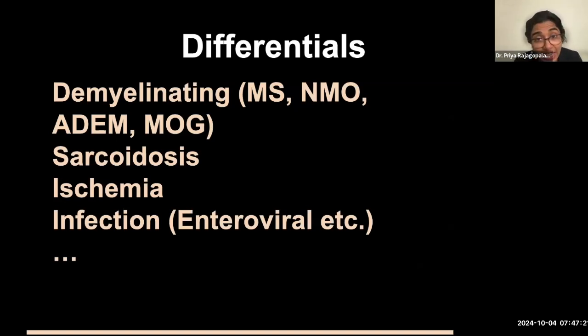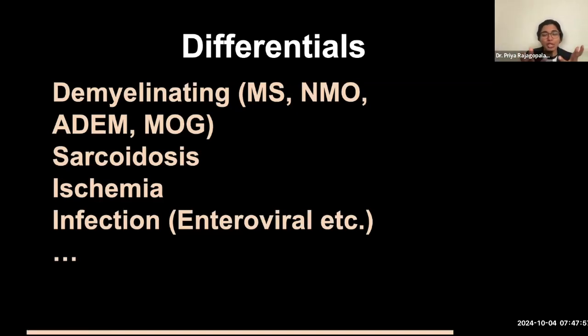Sometimes demyelinating lesions such as multiple sclerosis, NMO, neuromyelitis optica, ADEM, and MOG, myelin oligodendrocyte glycoprotein type of demyelination can also result in patterns that cause cord edema and can appear tumor-like. Sarcoidosis can look like tumors. TB infection can look like tumor. Enteroviral infections can look like tumors. Sometimes ischemia with edema can also mimic a tumor. So I have to keep all these differentials in mind.